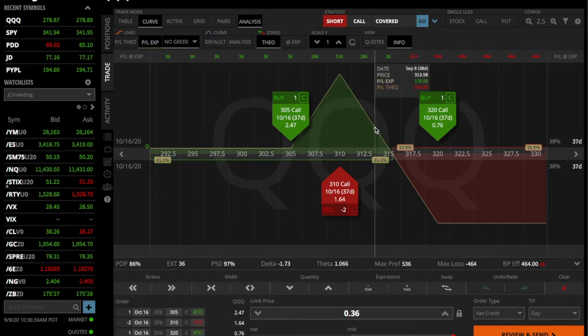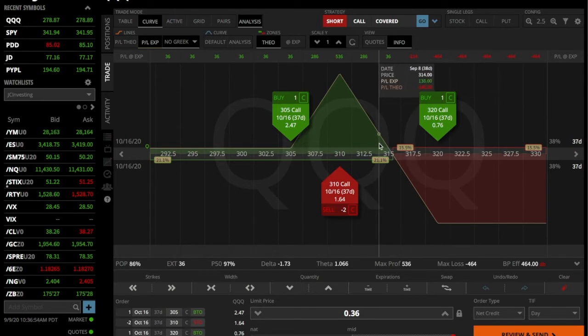So again, this is the regular butterfly setup. All of our risk is above 315.50, and it is defined above that. So we have about $464 here of risk to the upside.